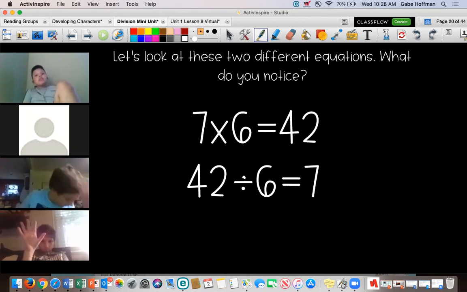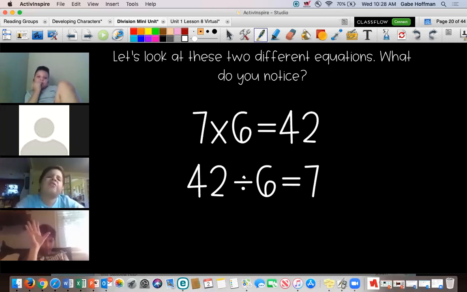Okay. And I also noticed that the 7 times 6 and the 42 divided by 6 equals 7, I noticed that all of these numbers are the same. There you go.